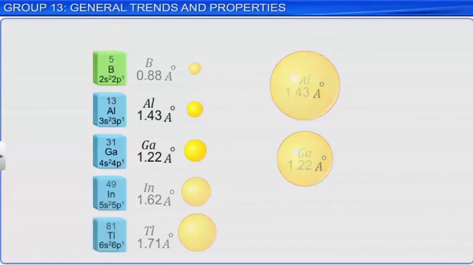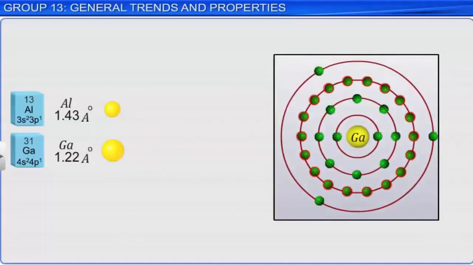Answer: gallium has 10d electrons in addition to the noble gas core. These d electrons provide very little shielding from the nuclear charge, since d orbitals have little electron density near the nucleus. Thus, the outermost electrons in gallium are held more tightly than in aluminium.